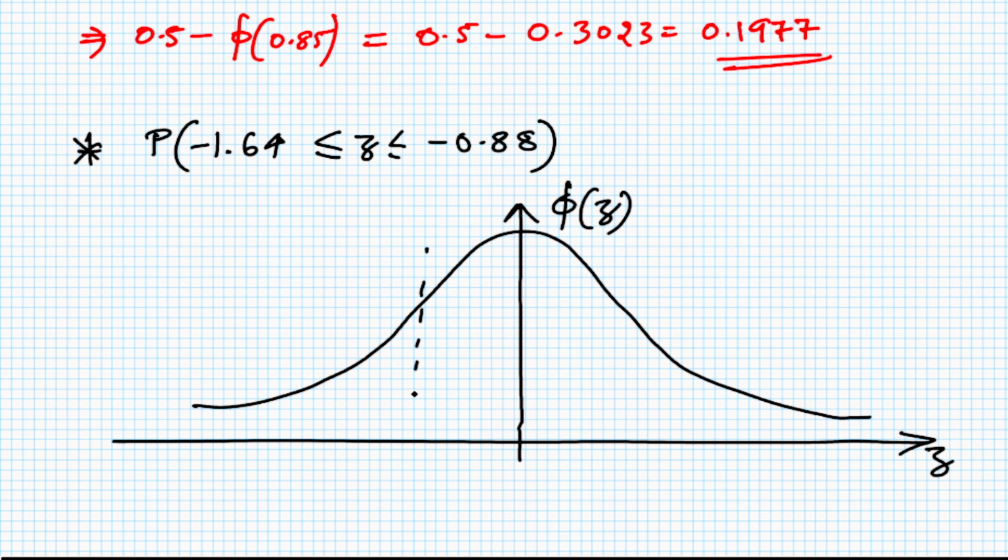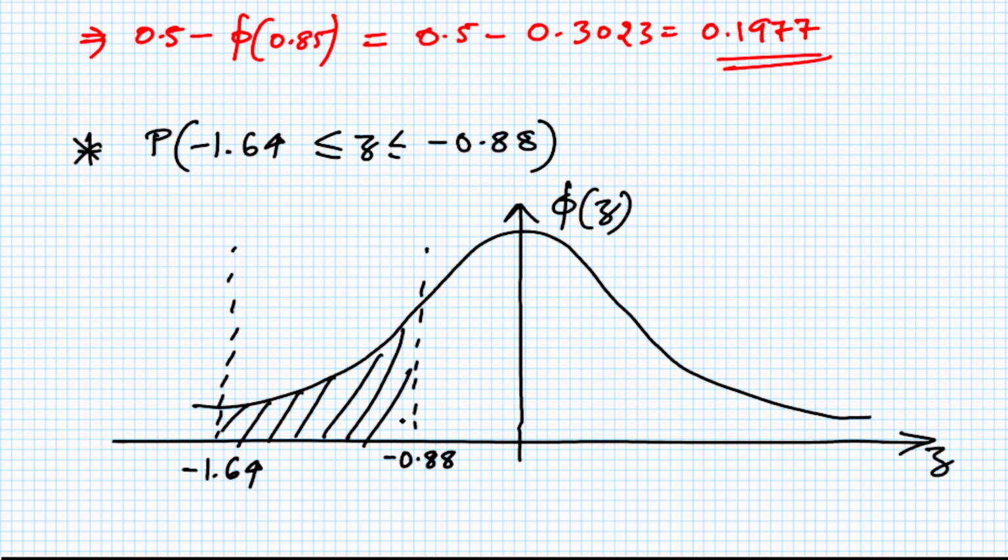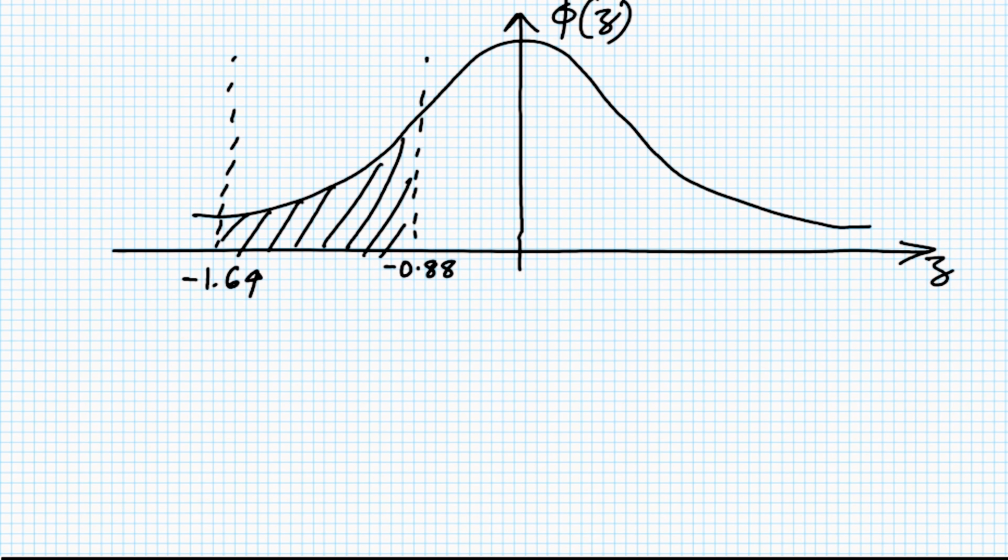Let me say this is minus 0.88 and this is minus 1.64. So the area they are asking is between these two. Your approach should be the same. You will not calculate on the left side, you will calculate on the right side. The area you calculate is between plus 0.88 and plus 1.64.